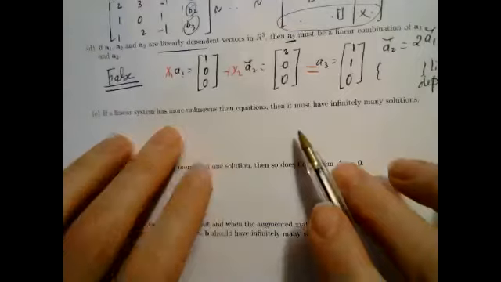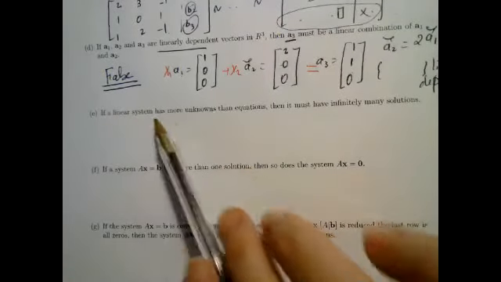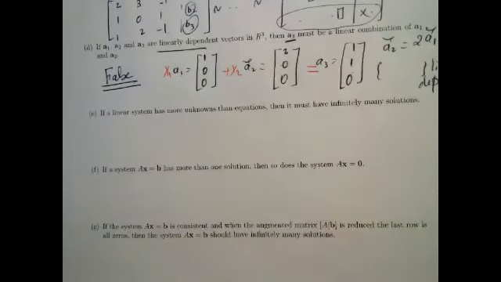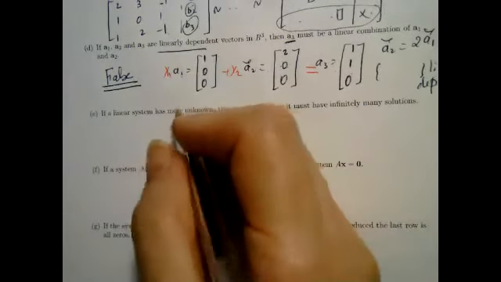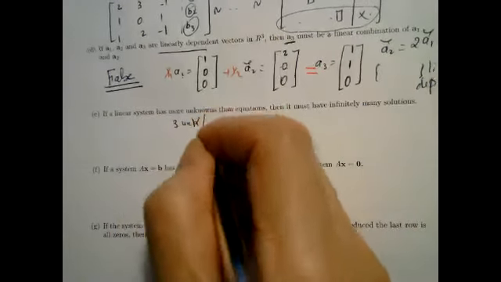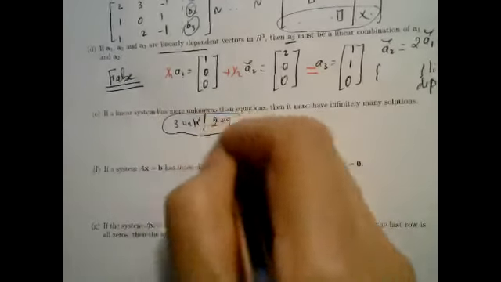Now, E. If a linear system has more unknowns than equations, so we have more unknowns than we have equations. Let us pick a picture: 3 unknowns, and 2 equations. Just think about it.